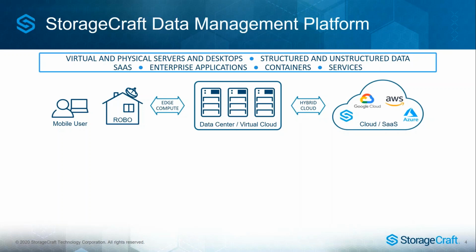The different types of information being protected have also changed significantly. I mentioned SaaS already, side-by-side enterprise applications, and then it's moving over to being able to protect certain containers or data that is being used by containers and other services.